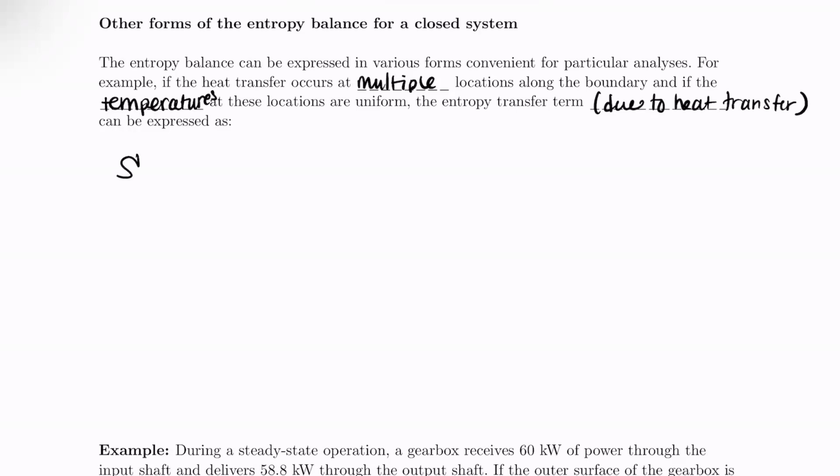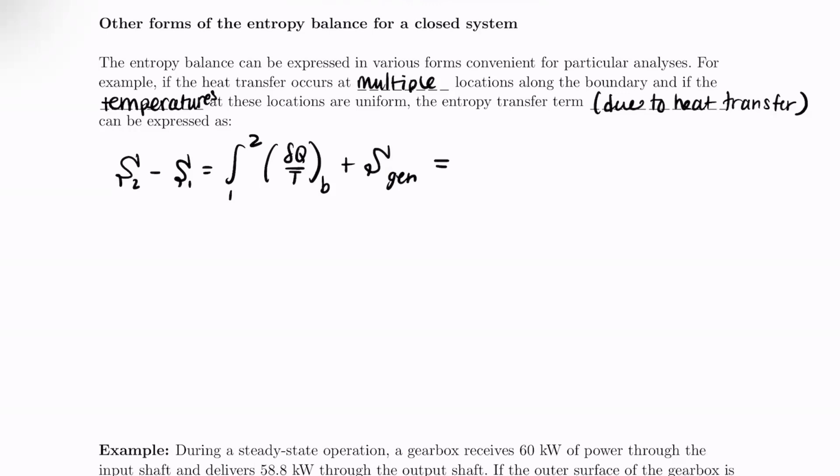So we can say that S2 minus S1 is equal to the integral from 1 to 2 of delta Q over T over the boundary plus S gen. But since we're saying that the temperature is uniform at those different boundary locations, we can get away with turning our integral into a sum instead. All right, because we're integrating over a constant thing, so that would just be a sum.